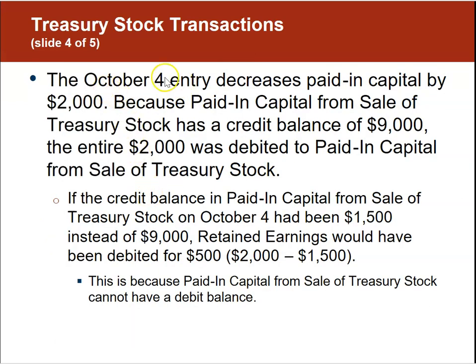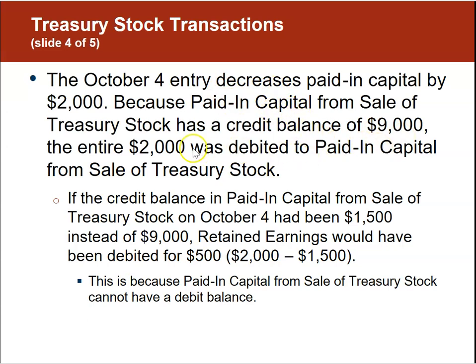So the October 4th entry decreases paid-in capital by $2,000. Because paid-in capital from the sale of Treasury stock previously had a credit balance of $9,000, which is what we want, we want paid-in capital to have a credit balance.